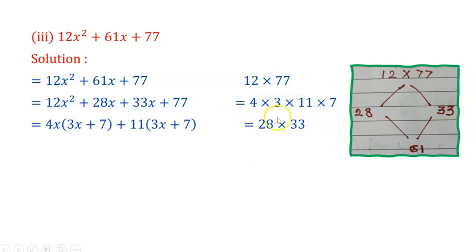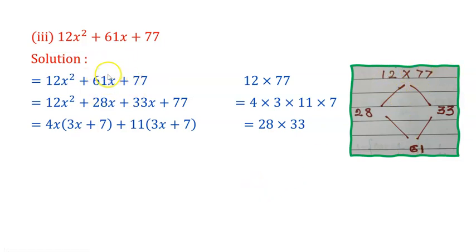Again, this term can be written as 4 into 7 means what? 28. 3 into 11 means what? 33. And hence, these are the two numbers, that is 28 and 33, such that their sum is 61 and the product is 12 into 77.